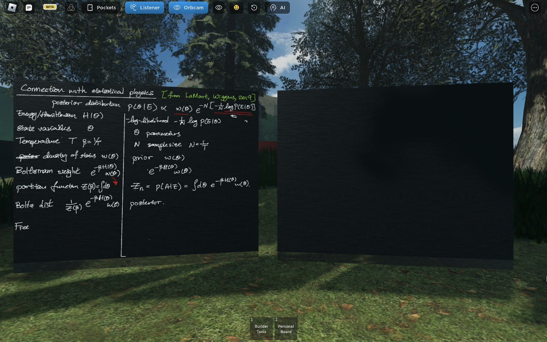Sorry. So the free energy is usually defined as negative log of the partition function. And the same thing: free energy F sub n is equal to negative log of the partition function, or the evidence in this case.